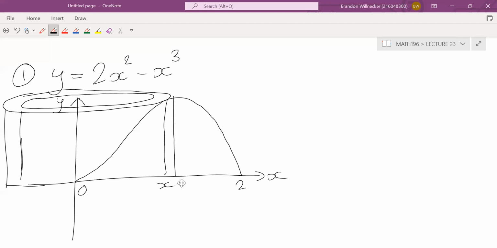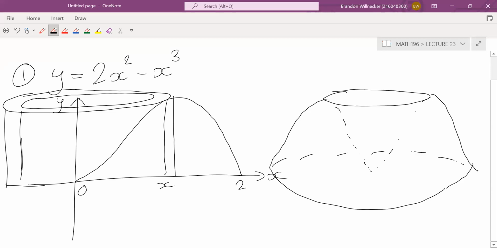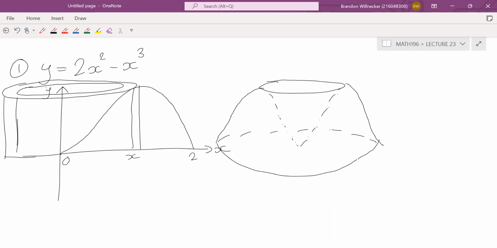Okay, if we were to sketch this as a volume, it would be something like this. Okay, so we've got this following 3D shape.